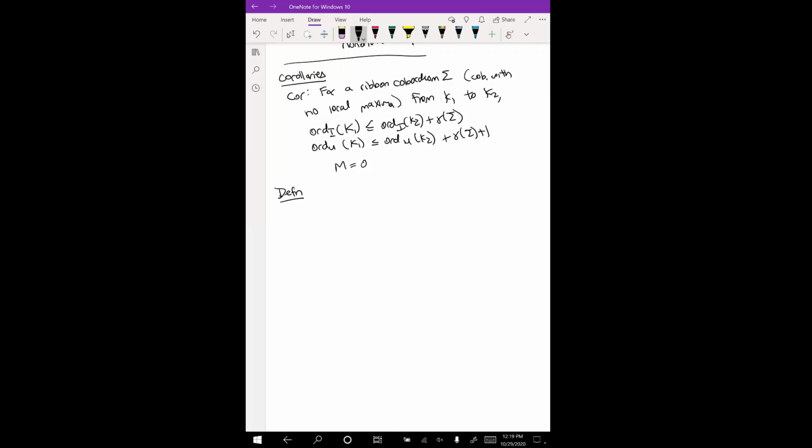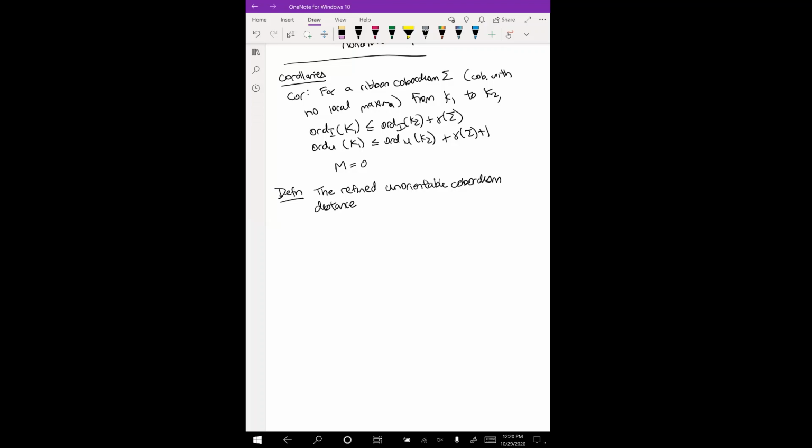So we're going to define the refined unorientable cobordism distance. The cobordism distance asks, if you have a cobordism between two knots, how big the genus has to be.